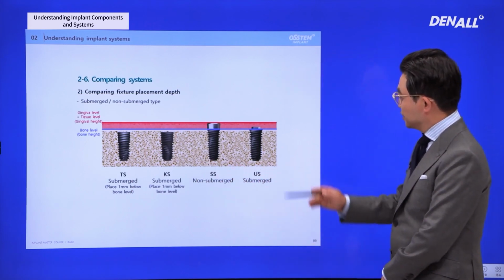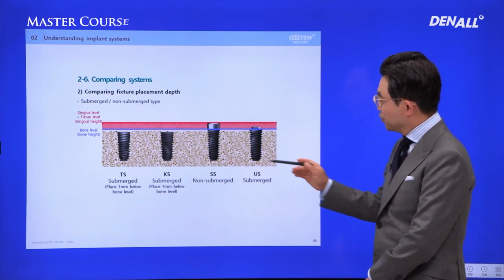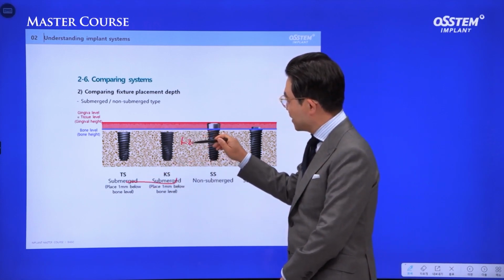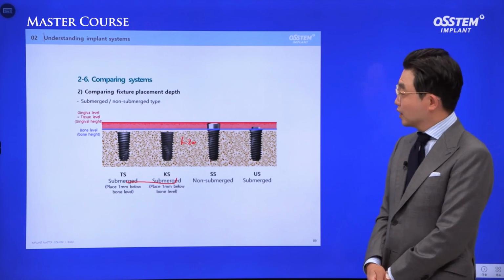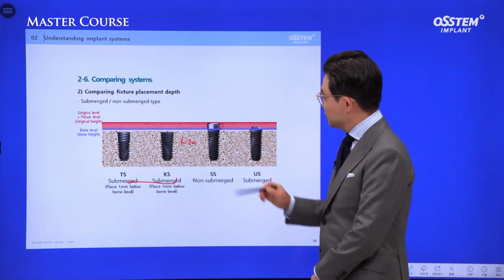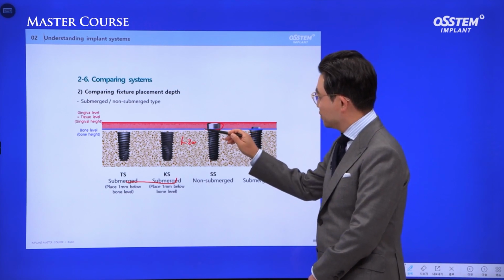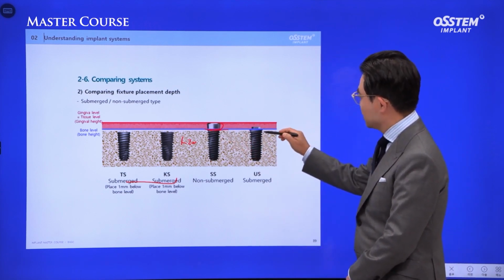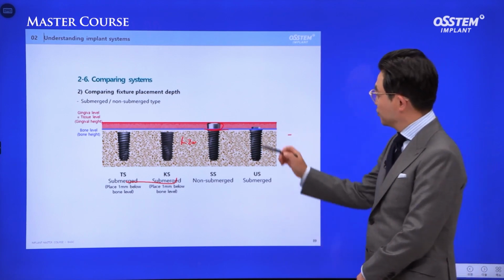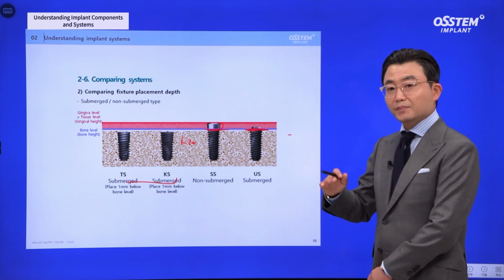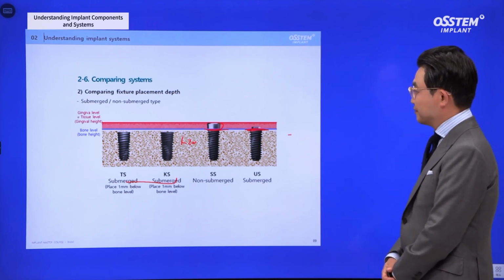So here, if we compare all these systems, for TS and KS, going a bit back would be the recommendation. For SS, non-surface area, solid area, and this borderline, you have to put it at the EQ level. And for the US, there could be bone loss, hence it's better not to go too deep.